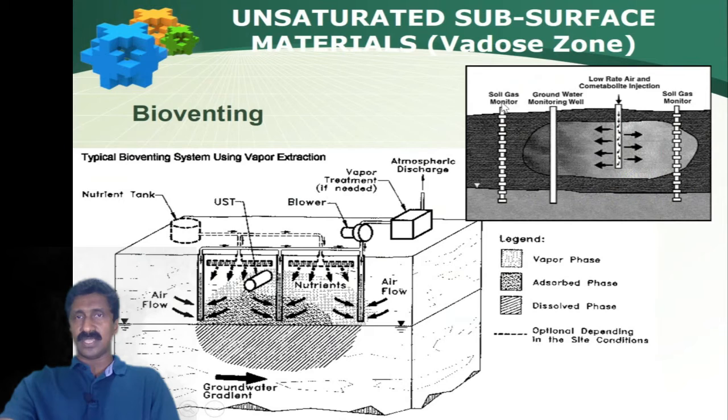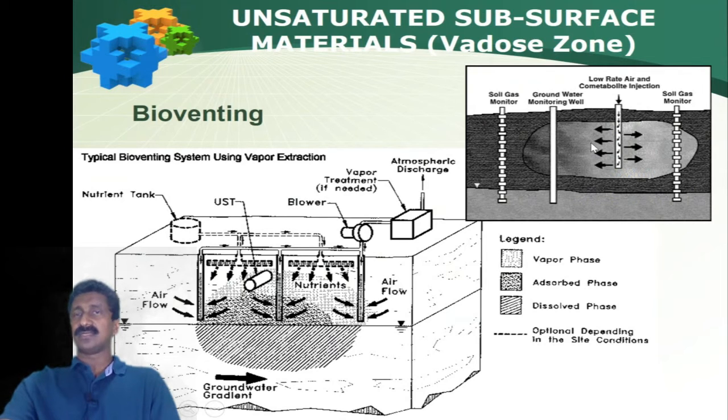Here, soil gas monitor is actually installed here. This is a groundwater monitoring well, and this is the contaminated site. And low rate air and co-metabolite or nutrients. Air and nutrients will be introduced or injected into that contaminated site through wells.